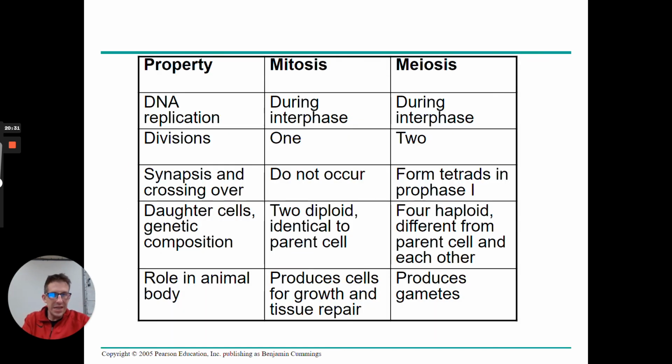And then here we have a table that puts some of the major things into perspective for both mitosis and meiosis. I'm not going to spend any time on it other than to tell you that it's a good tool to study from, because it puts all the differences and some of the major things in an organized fashion.